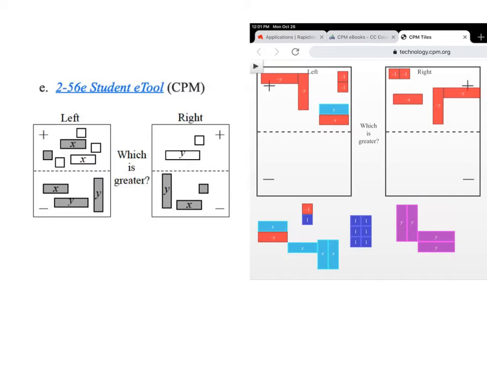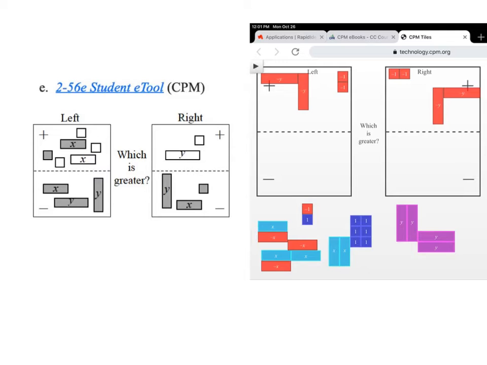But if I add in a positive x to the left side, I need to add in one positive x to the right side to maintain that balance. And now I'm down to where I've got zero pairs in the x rectangle. So I'm going to remove both of those zero pairs now in the left and right side that I just created by adding that positive x to both sides.